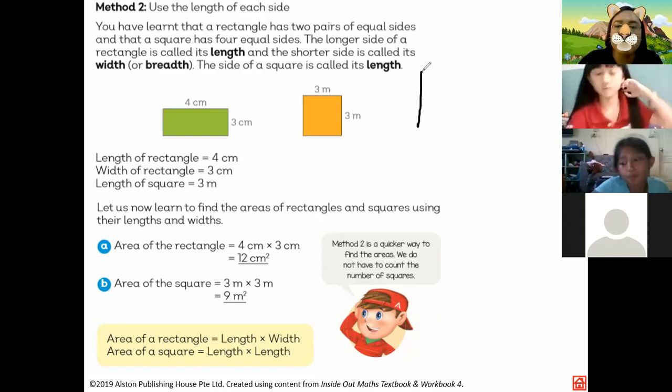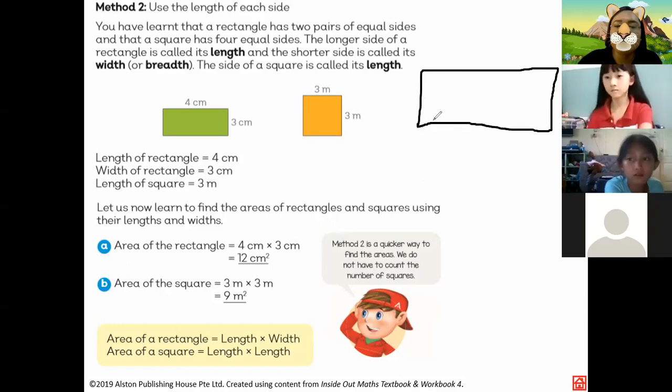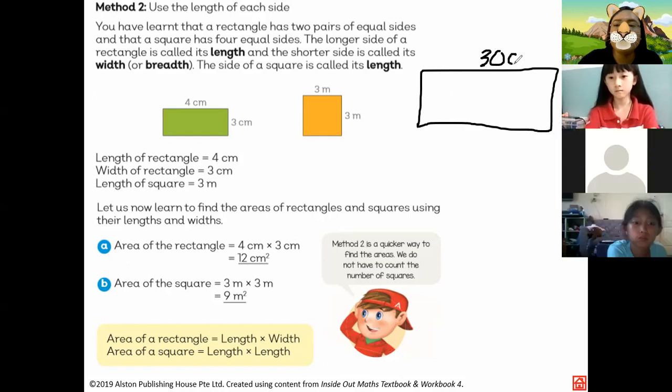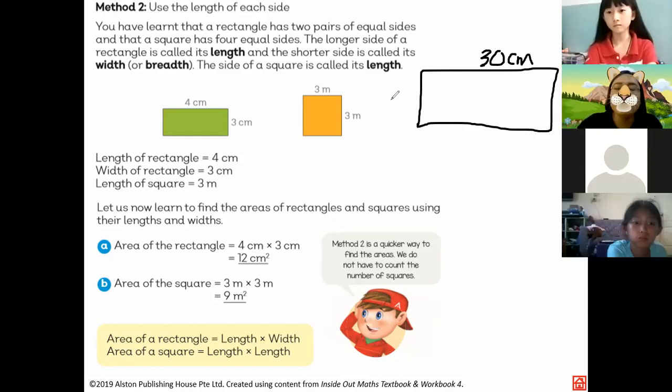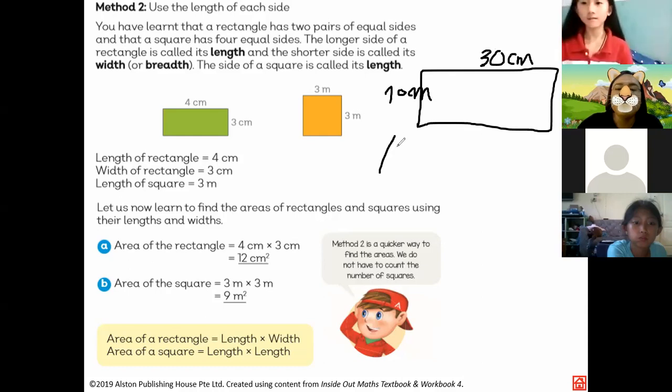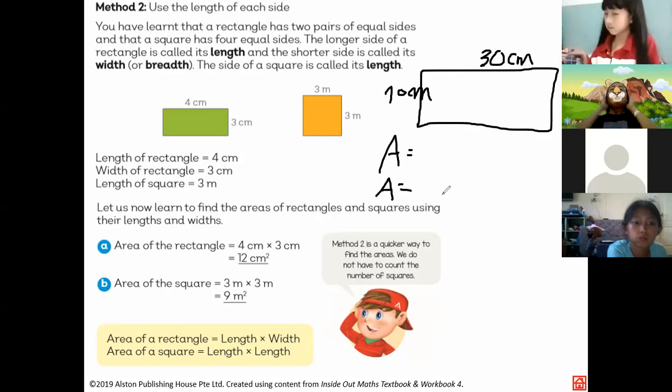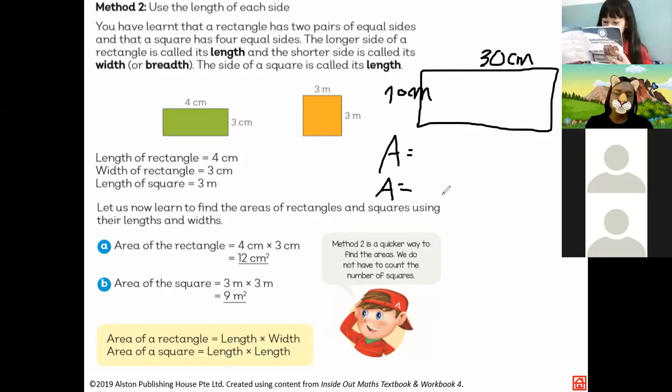I have, let's say, this one is 30 centimeters, and here is, let's say, 10 centimeters. So what is the area of this rectangle? 300 centimeters squared.